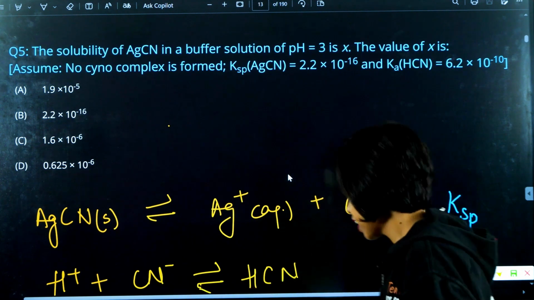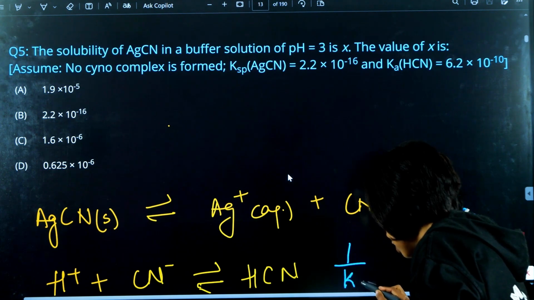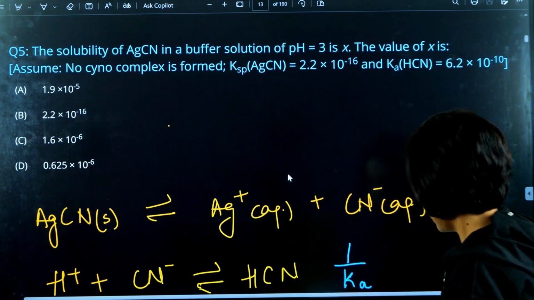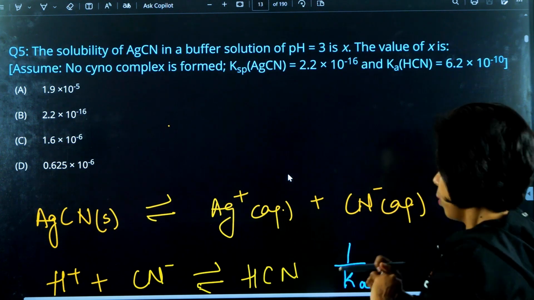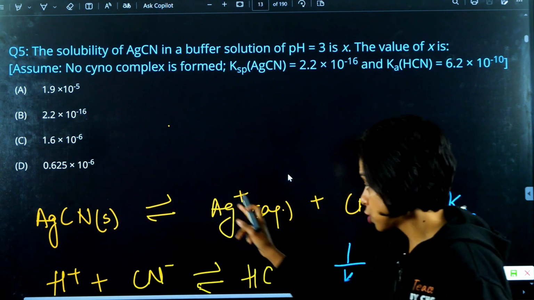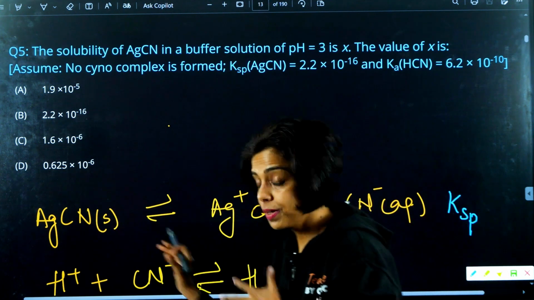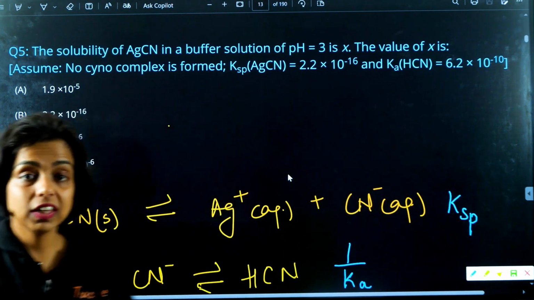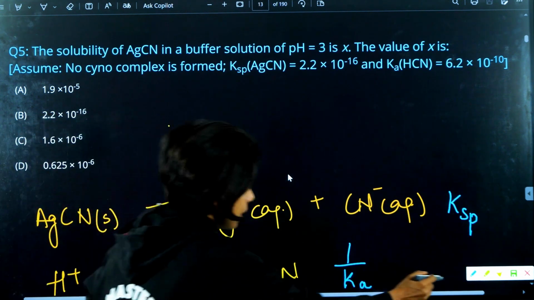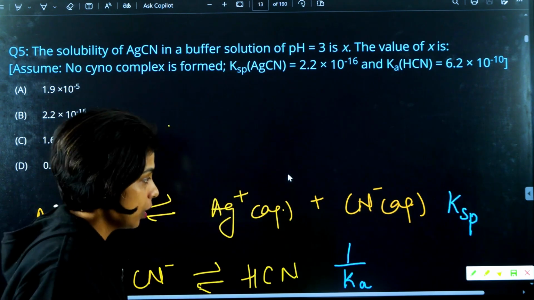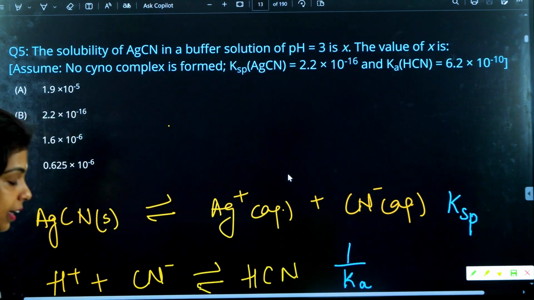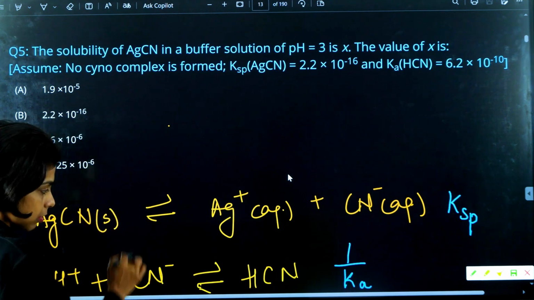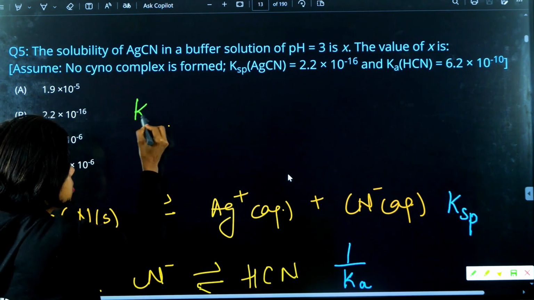Now I have just reversed the reaction, so the equilibrium constant for this reaction is 1/Ka. Because AgCN is getting dissolved, it forms CN- ion, which is consumed by H+ to make HCN, a weak acid. Adding the two equations, the equilibrium constants get multiplied.